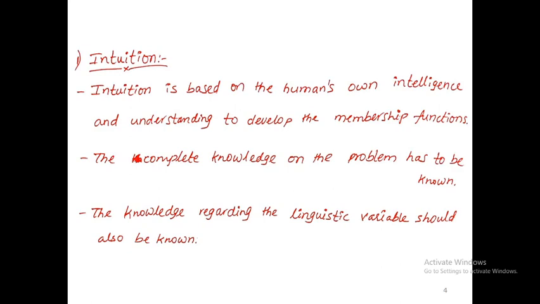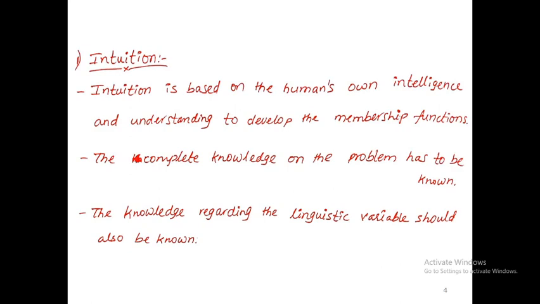The grading system will be different from one university or academic institution to another, right? So that is completely based on the human's own intelligence, and the membership values or functions will be decided.